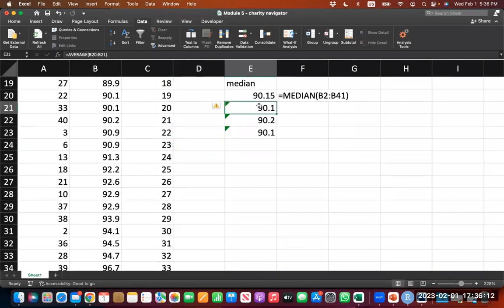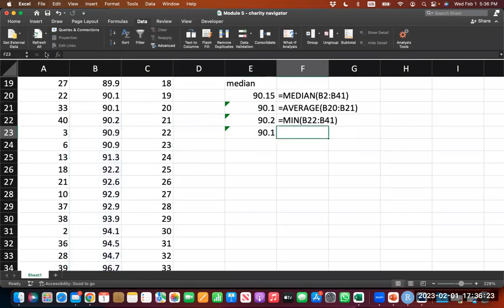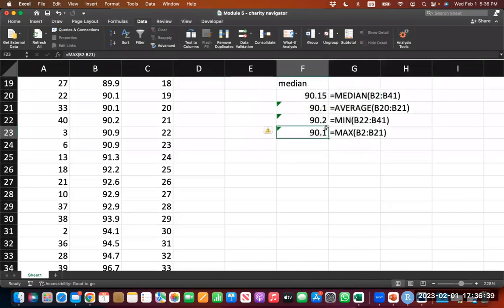So this formula is this formula, and this formula is this formula. Okay, so that's the calculation of the median. That was a little not so smooth.